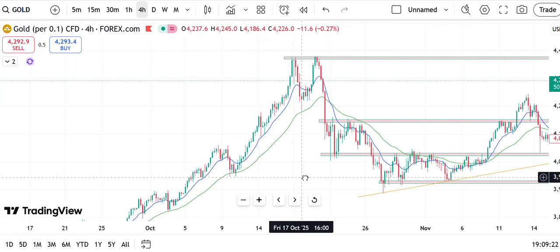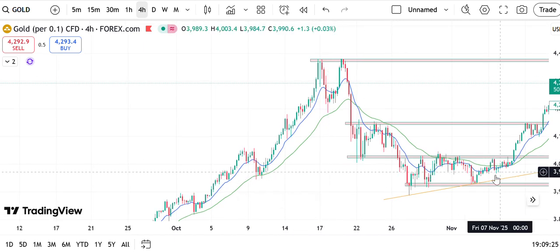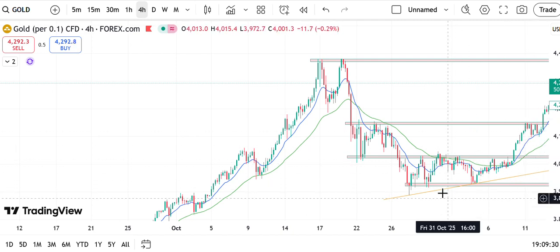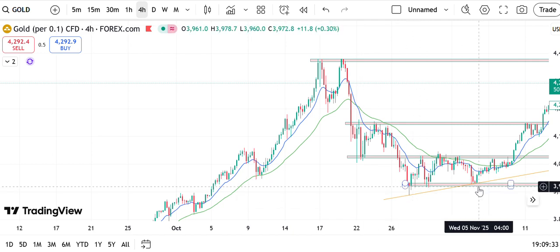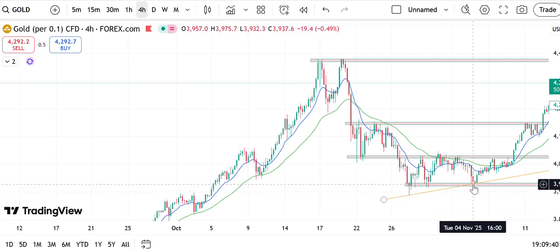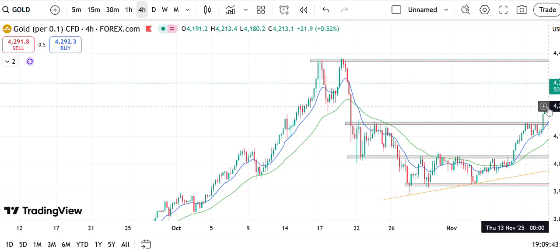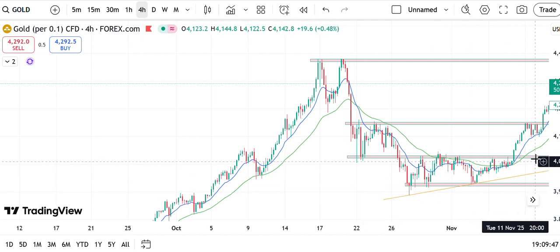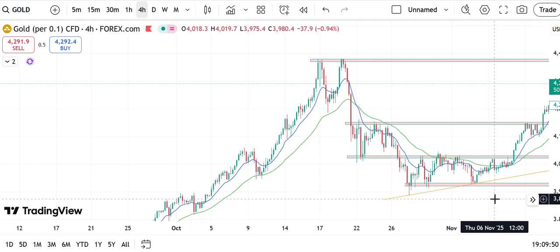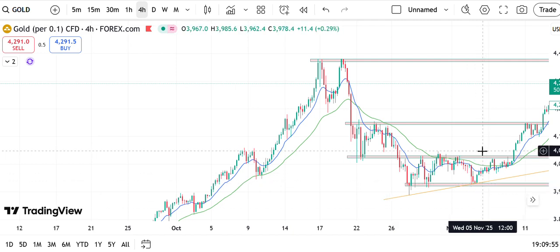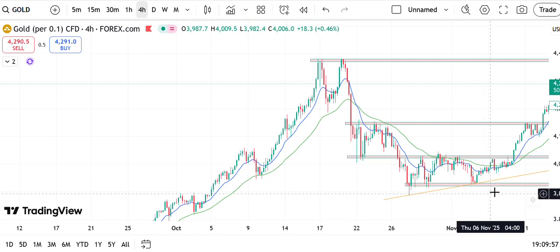We mapped out this zone when the market was still here, and we draw a beautiful trend line like this. Now let's watch what happened. There's something about trend lines that I want to explain.